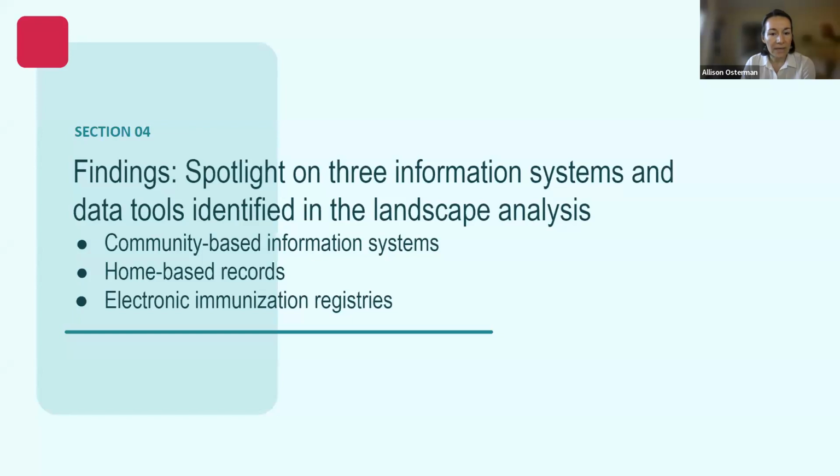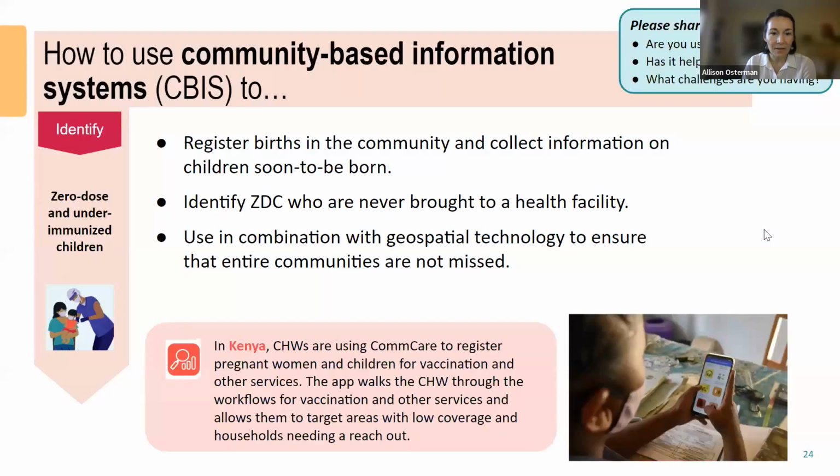I won't be going into detail on some of the other systems and tools identified in the landscape. Some of those were things like immunization coverage surveys and denominator estimation strategies. That's because these are tools and methods that you'll be learning about during the webinar series, and we'll have the opportunity to practice. Next slide, please.